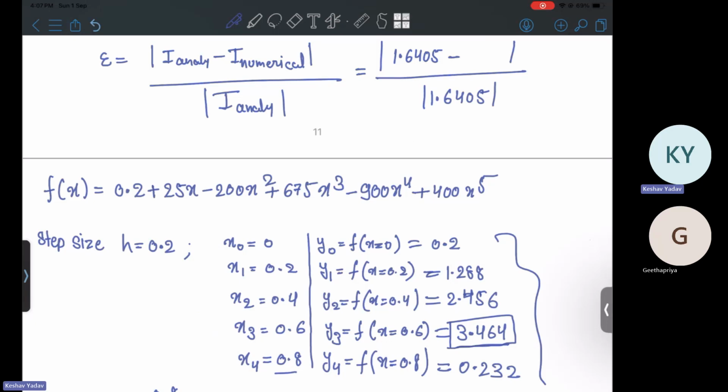0.2 plus 25 multiplied by 0.6 minus 200 multiplied by 0.6 squared, plus 675.